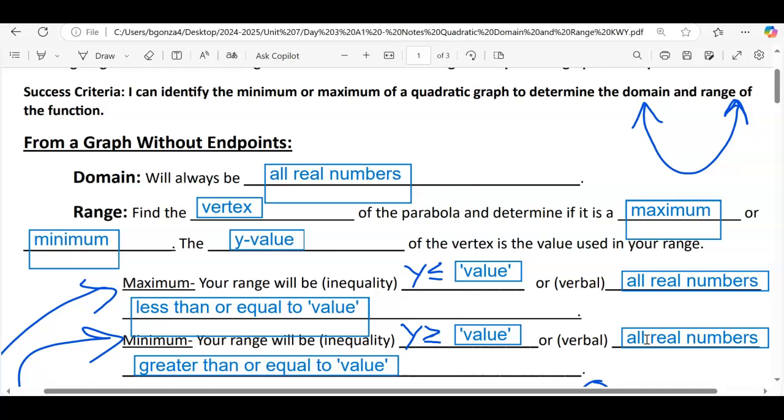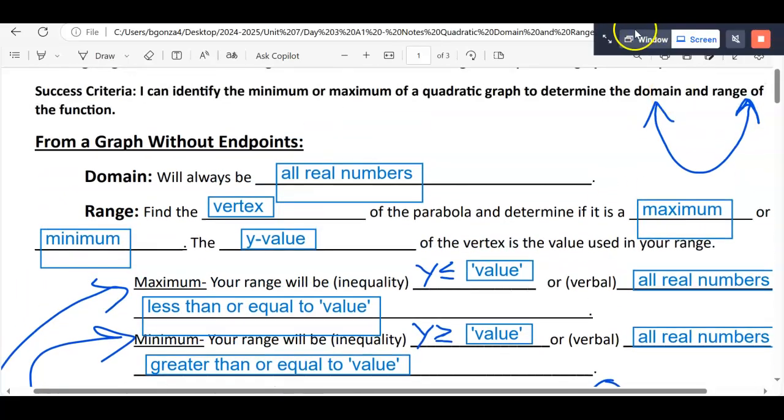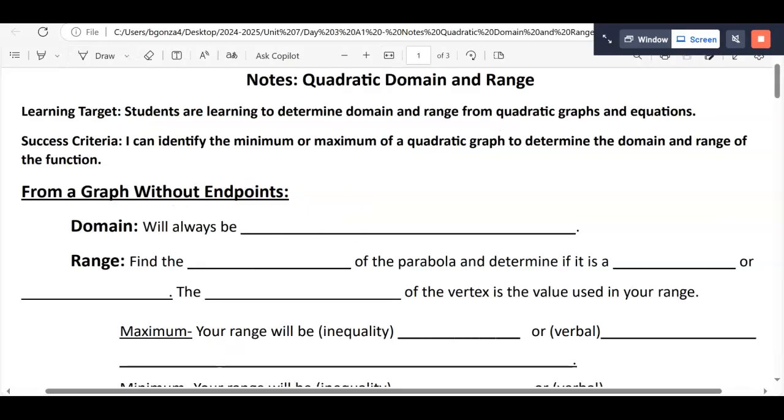Everyone good on this? Okay, so we need to do that example. If you need this, I'm going to have to come back to it. Okay, there's a lot to do here. Very sorry.